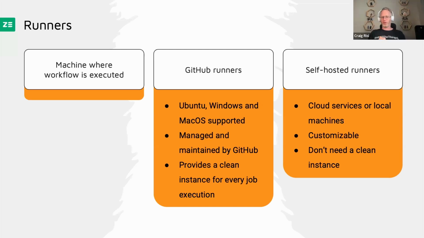Last thing is also just some things around your runners. You get three really different types of runners, and again, I'm using GitHub as an example, but GitHub can really be replaced with any tool there. A runner is a machine where the workflow is executed, so you can choose to execute on your own local machine. You can tell a pipeline to execute on your local machine.